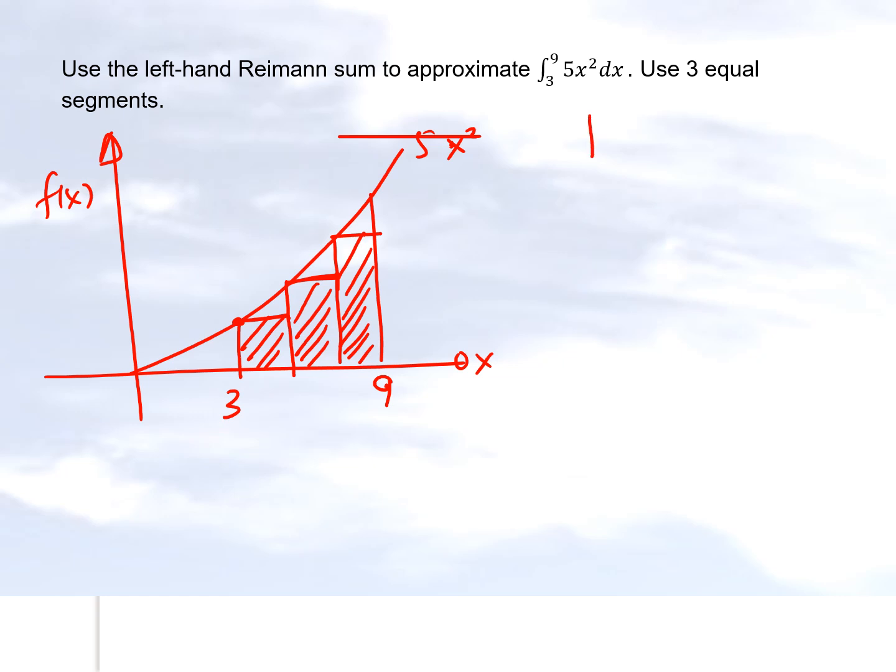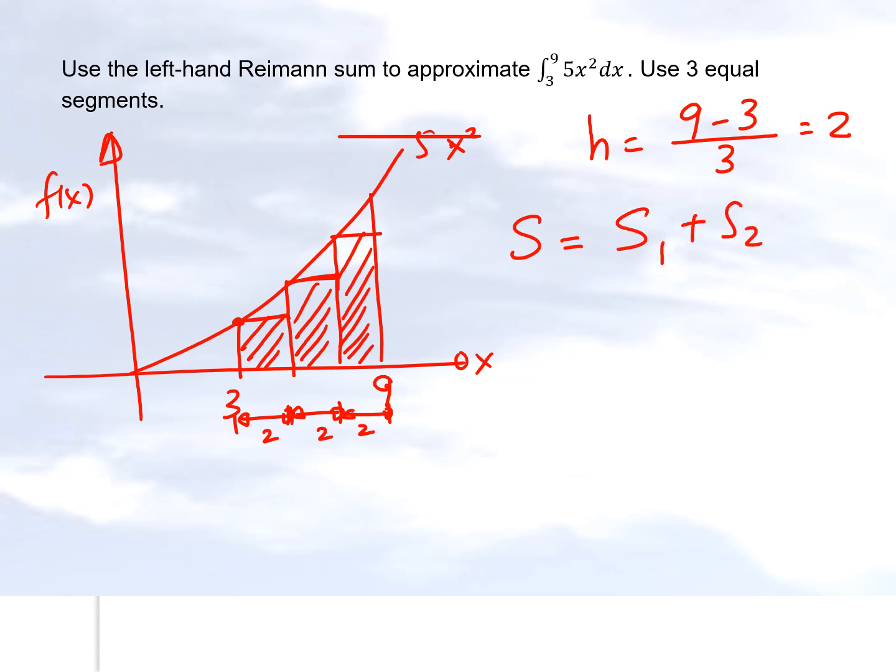If it is 3 equal segments, that means h is equal to 9 minus 3, which is b minus a, divided by 3, and that gives me 2. So the width of each segment here is 2. This one is also 2, and this one is also 2. So the area under the curve based on these rectangles will be the area of the first rectangle, plus the area of the second rectangle, plus the area of the third rectangle.